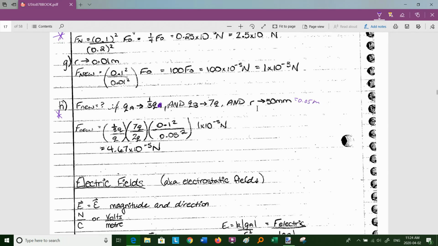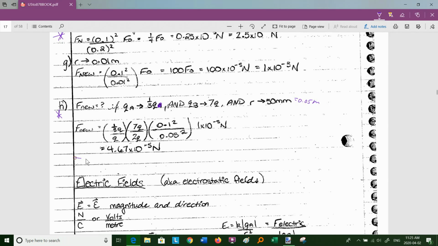So my new force is my QA new, a third Q over my original QA, which was Q, times my QB new, which is 7Q, over my original QB, which is 2Q, times the original distance between A and B, 0.1 squared, over the new distance, 0.05 squared. Plug all that in, multiply by the original force of 1 by 10 to the minus 5 newtons, which is given, and you get 4.67 by 10 to the minus 5 newtons.